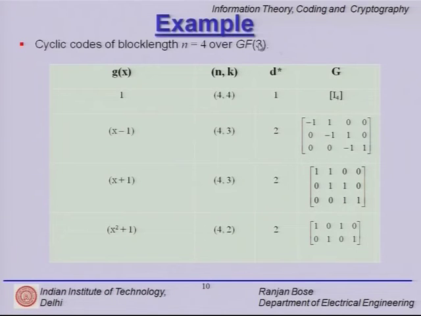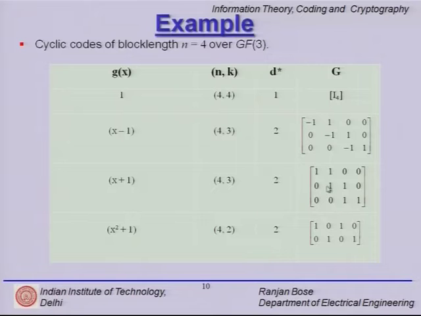Please note, since we are working over GF3, you can either write minus 1 or substitute by 2. So, this could as well be written with the first row as 2 1 0 0, 0 2 1 0, 0 0 2 1 as a valid generator matrix over GF3, and the elements of this generator matrix are coefficients taken from GF3.